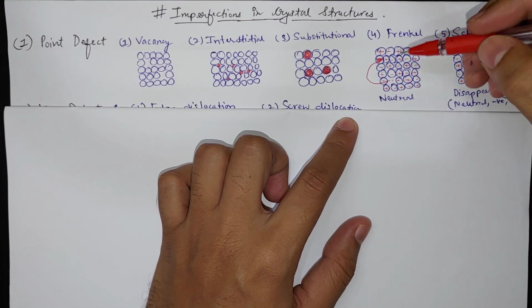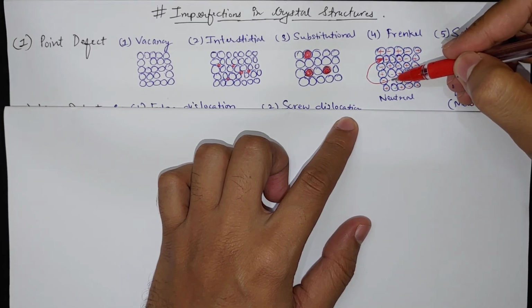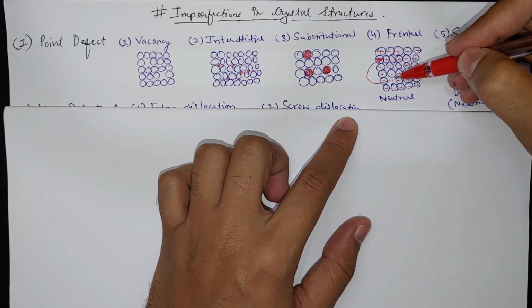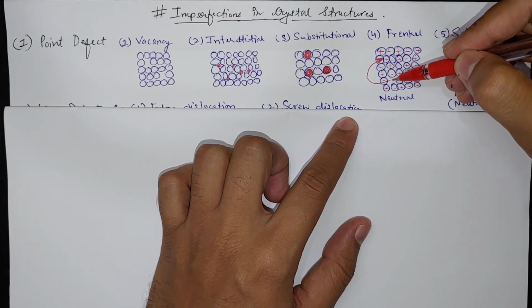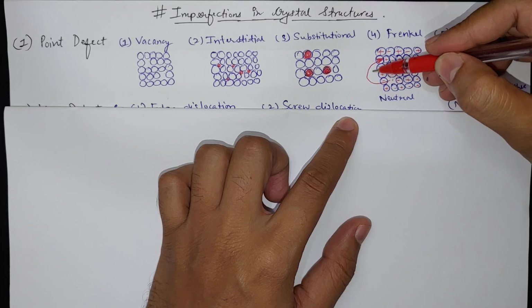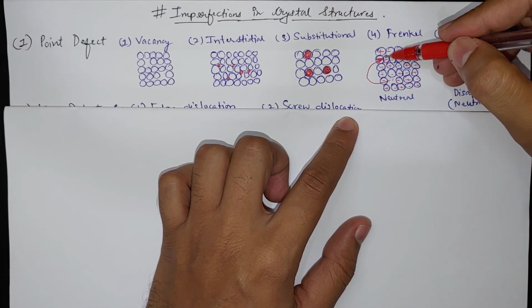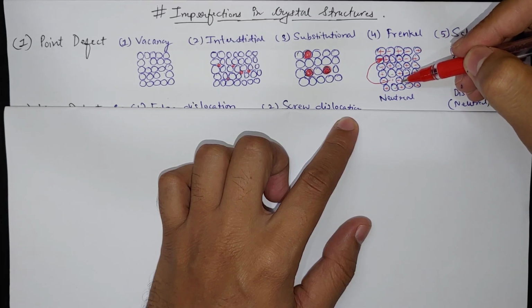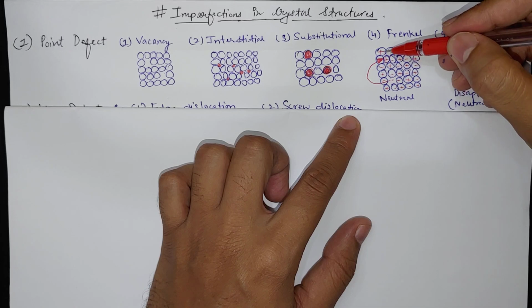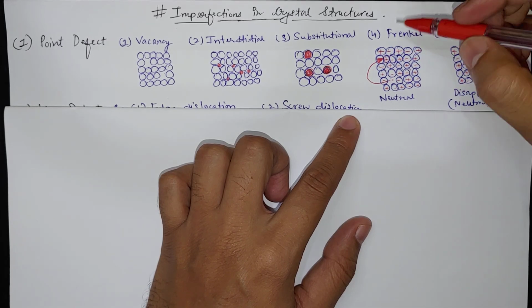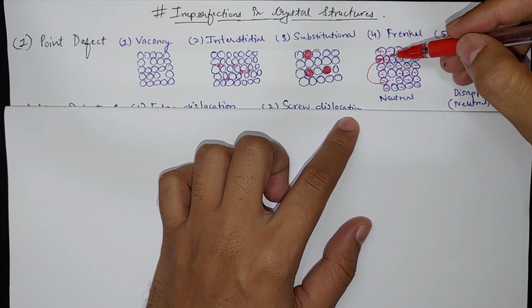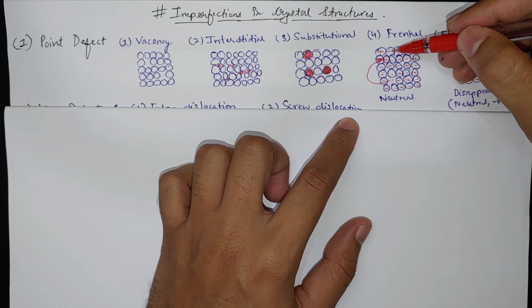In Frenkel, there will be self interstitial, like this atom is moved from its original location to some other location between these 4 atoms. So this is the interstitial defect, which is neutral, because in ionic structure there is a plus minus kind of charge, like NaCl is Na plus Cl minus.